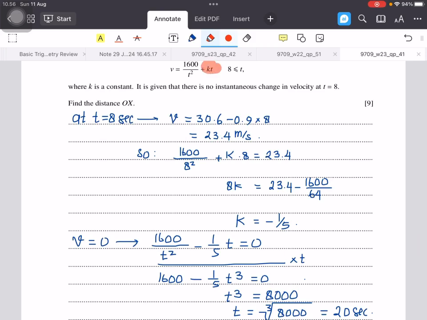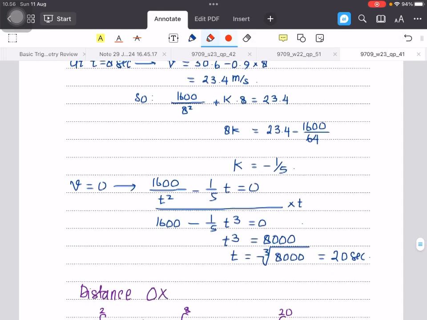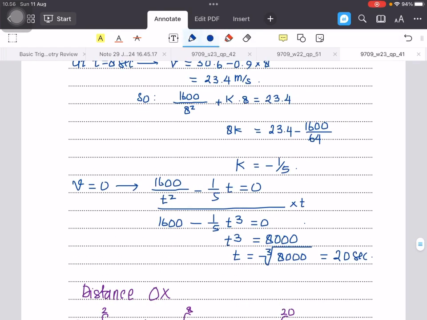So now the k we can replace by negative 1 over 5. The equation will be 1600 over t squared minus 1 over 5 t is equal to 0. And then we multiply both sides by t squared. So it will be 1600 minus 1 over 5 t cubed is equal to 0. t cubed is equal to 8000 and t is equal to 20 seconds.